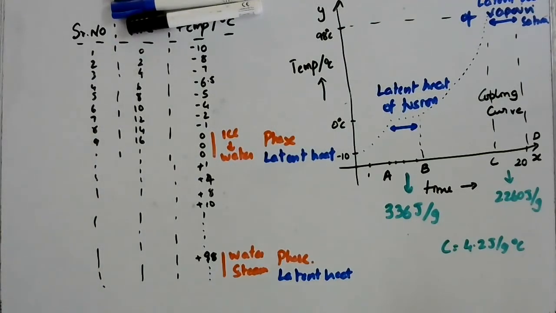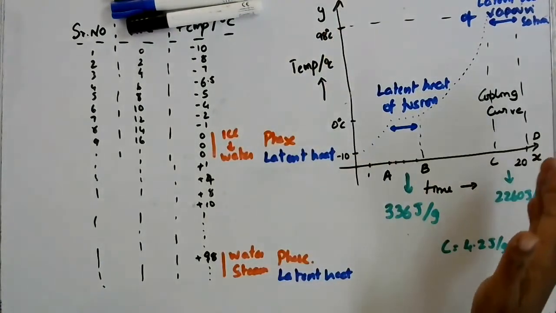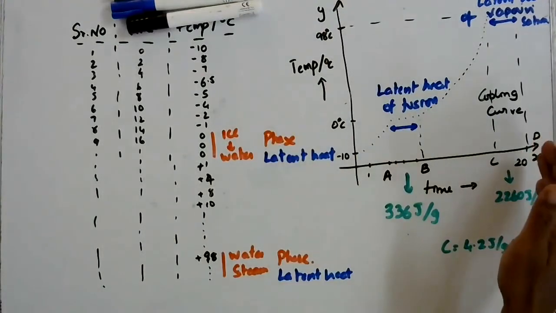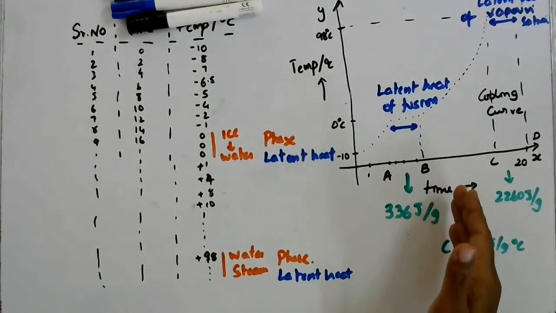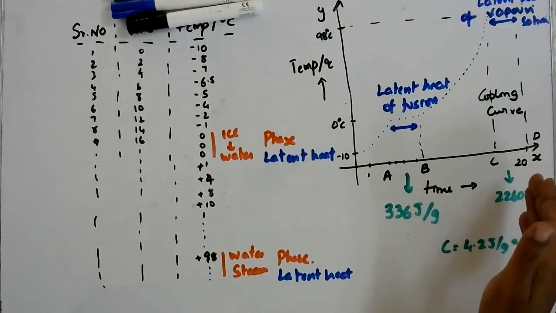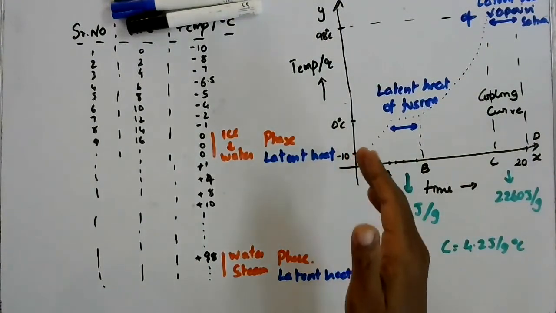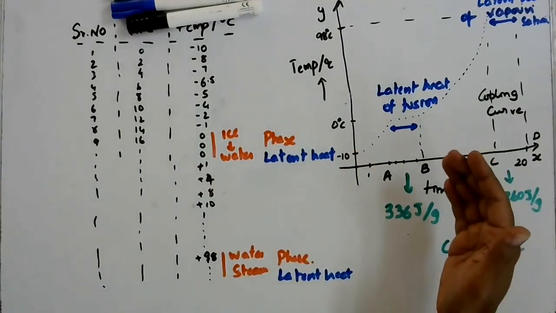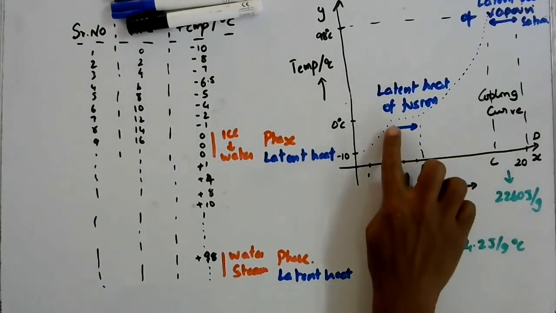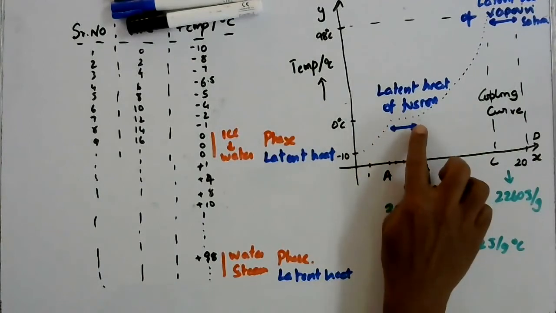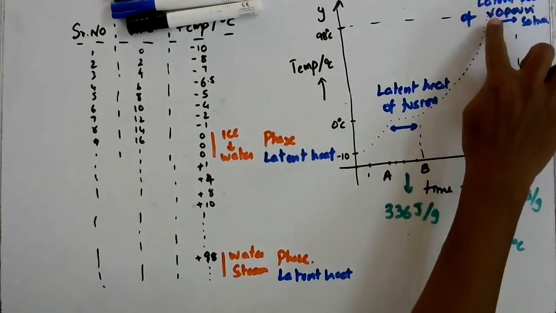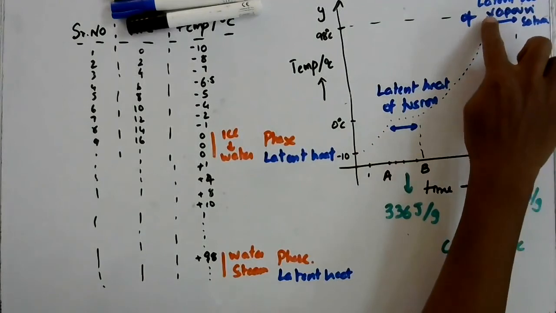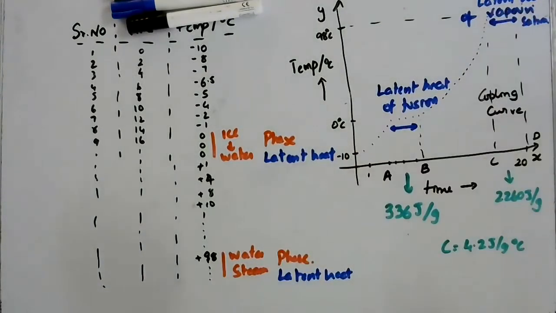So just to go over it quickly, if you do a cooling curve or a heating curve graph, temperature against time, as the time increases when you are providing energy, the temperature will rise up to a point which is the melting point of ice, where there will be a plateau, a flat part, and then there will be an increase again of the temperature, and then again another flat part where the latent heat of vaporization takes place.